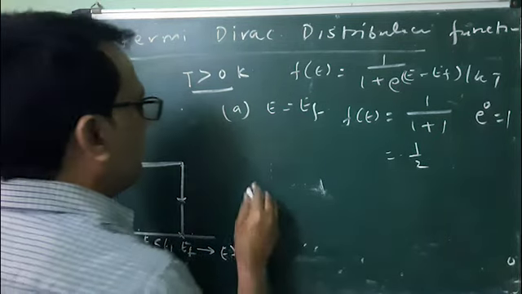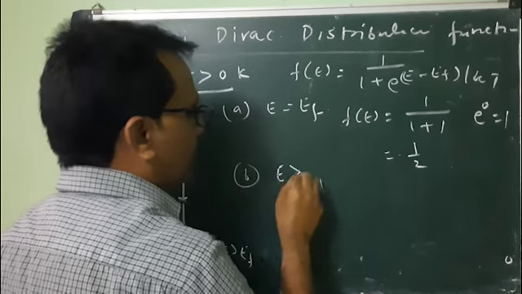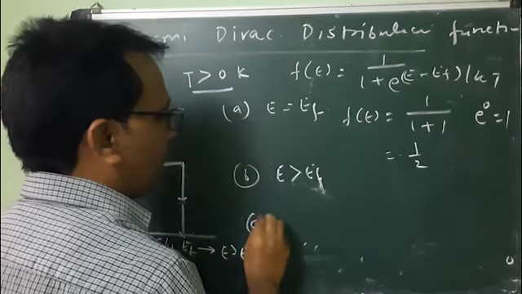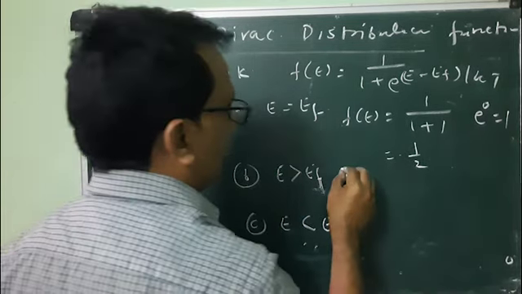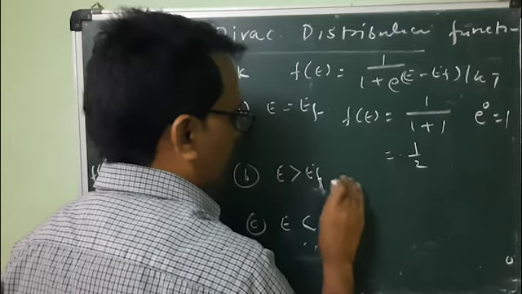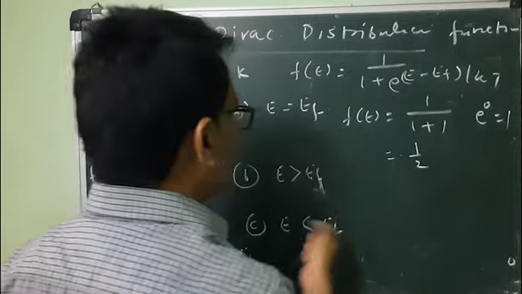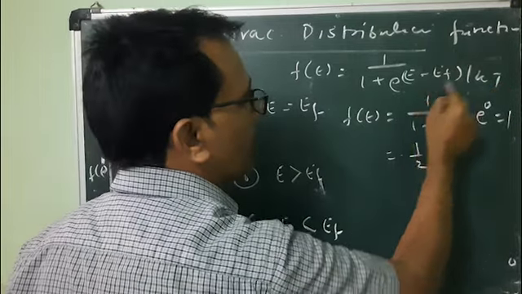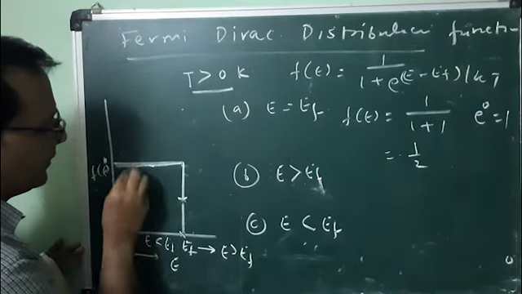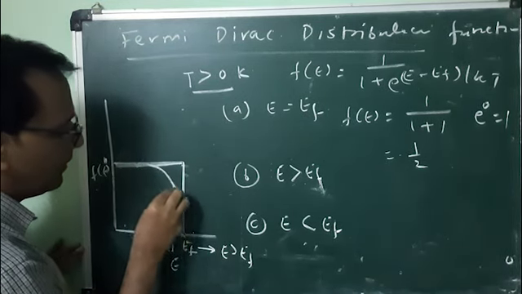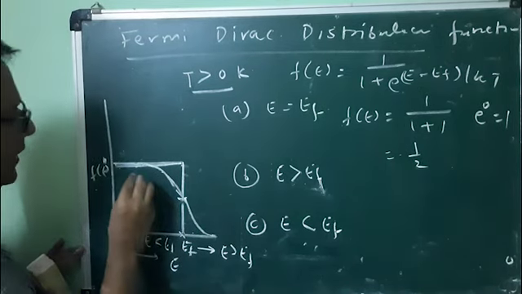And second, when E is greater than EF, and third, when E is less than EF, here T is greater than 0, and the curve will be like this. Below this, it tends to 0 for a particular temperature.